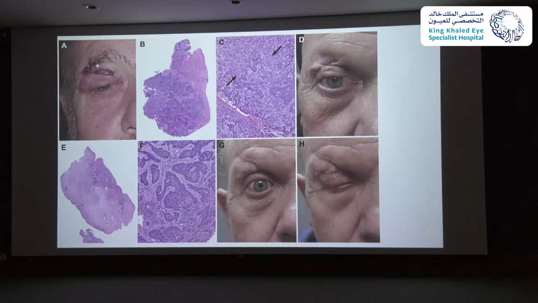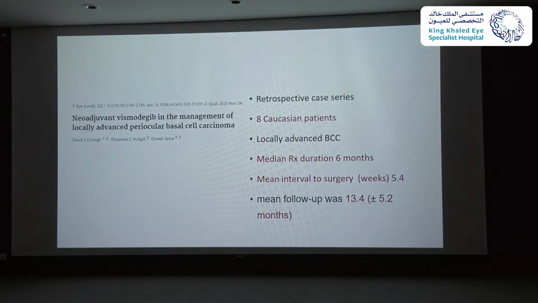This is another example of a patient with basal cell carcinoma involving the anterior orbit. Here you can see him after treatment, here after excision and reconstruction. Another study was done in Australia. They included 8 Caucasian patients with locally advanced basal cell carcinoma.